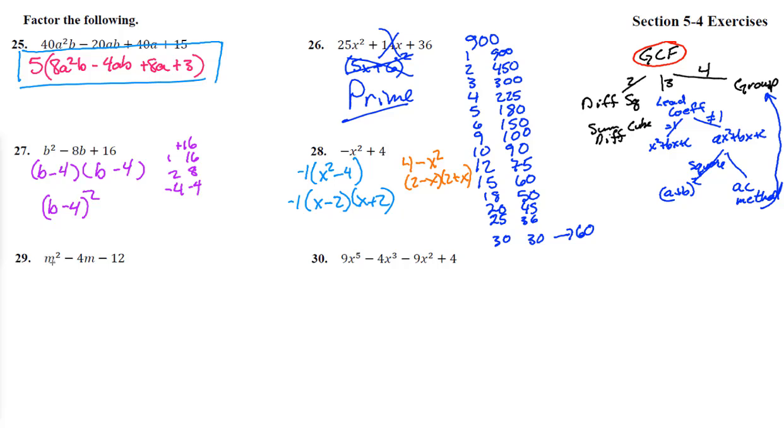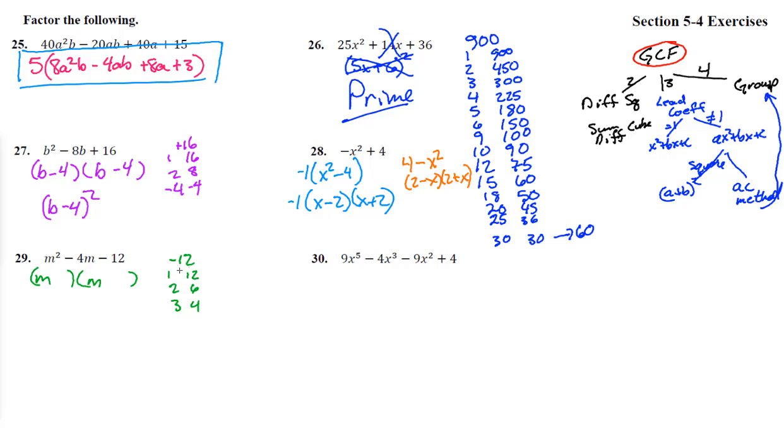Number 29. Any greatest common factor? Nope, no greatest common factor. 1, 2, 3 terms. The leading coefficient is a 1, so this is a quick one. We need a number here and a -12 out here. 1 and 12, 2 and 6, 3 and 4.